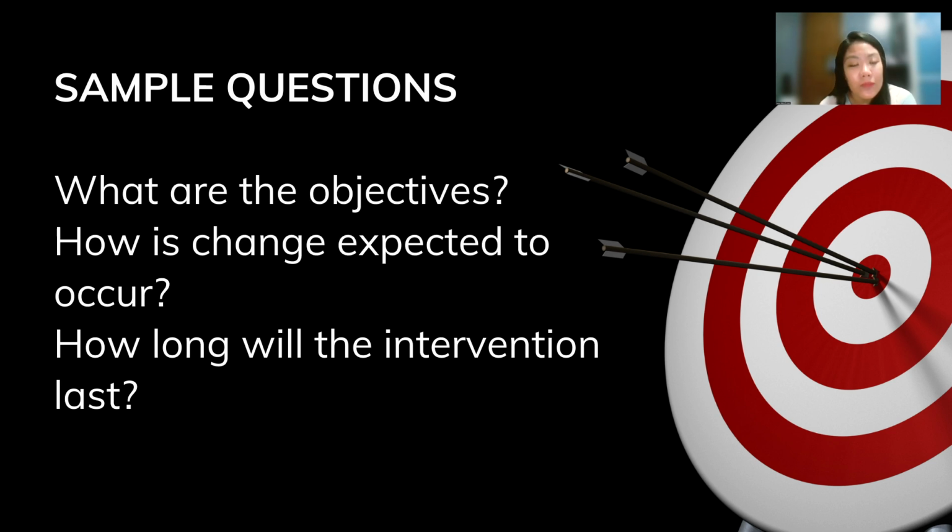Starting with, what are the objectives? What should the members of the intended group think, feel, or do as a result of the activities, in contrast to what they thought, felt, or did before? Second is, how is change expected to occur?